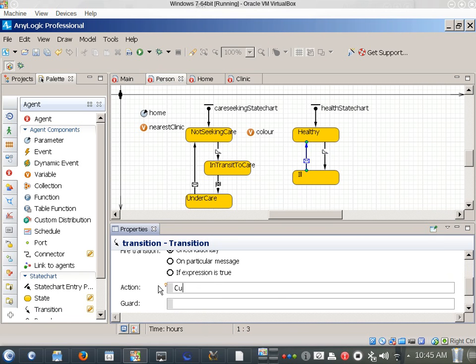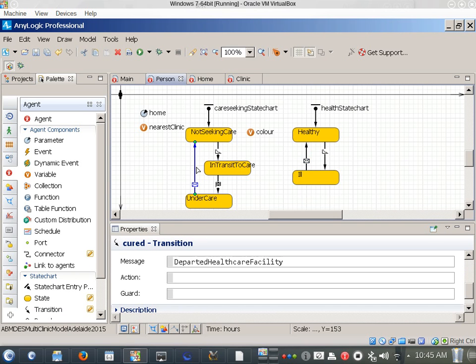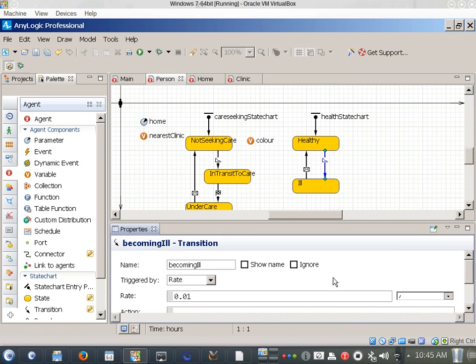Okay? So one state chart is going to be based on cured, this state chart is going to be based on departed healthcare facility. This transition here, which is becoming ill, is associated with a rate of 0.01 per day.